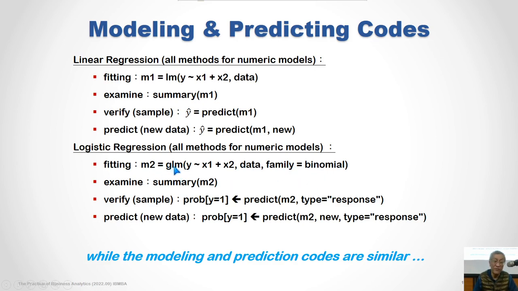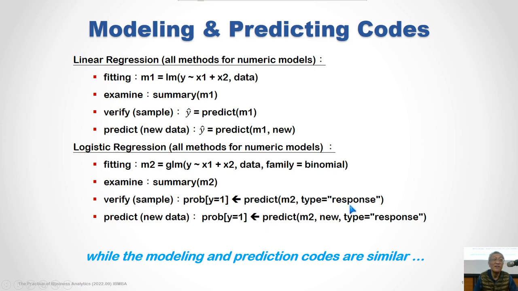After calling GLM, you get the model, and you can see the model summary. Then you can use the model to do prediction. If you want to predict the training data, you basically just give it the model and call predict. Remember to use type equal to response.